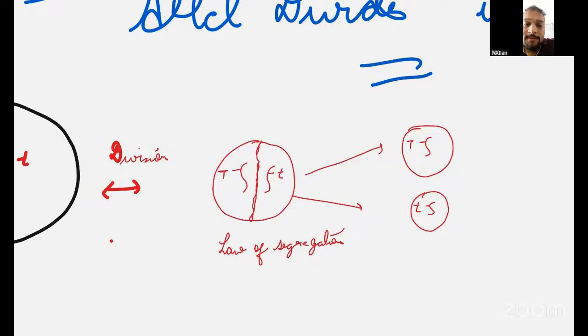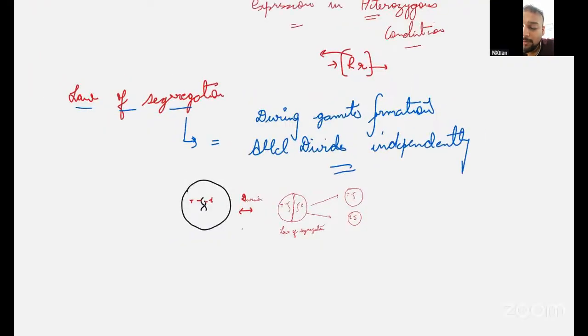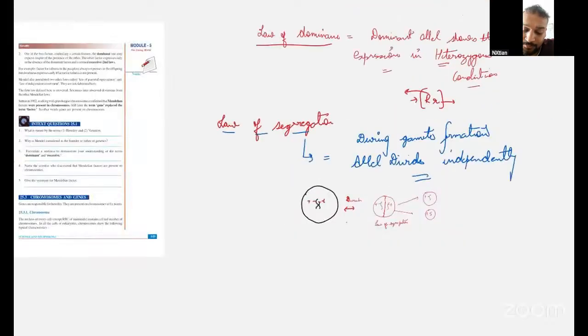This is called the law of segregation: when the alleles or chromosomes divide in gamete formation, they divide independently. They do not divide depending on each other. Hence, it is called the law of segregation.